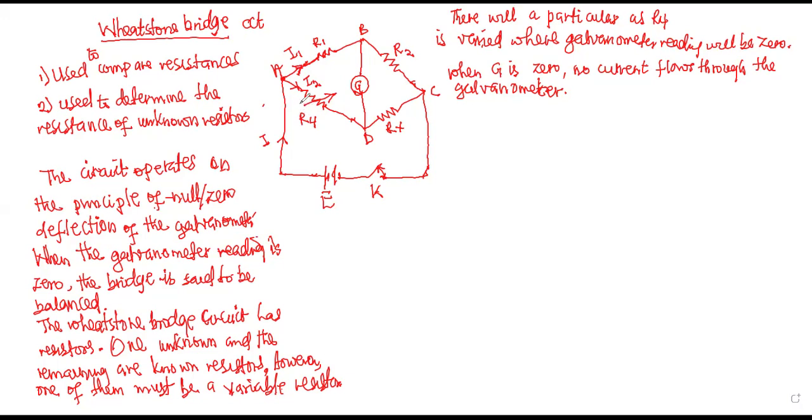So as we vary R4, maybe 1 ohm, 2 ohm, 3 ohm, we are varying it so that the galvanometer will read 0. As we vary R4, there will be a particular resistance of R4 where the galvanometer will read 0. So what is responsible for the 0 reading of the galvanometer?